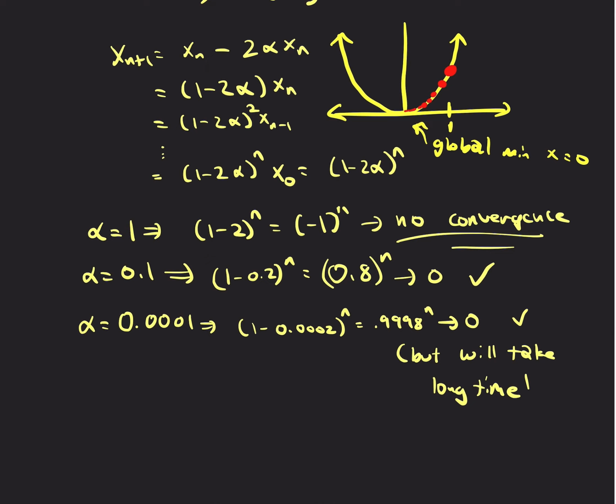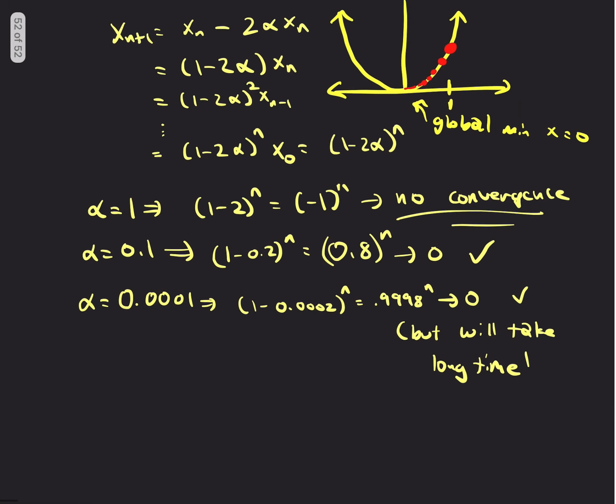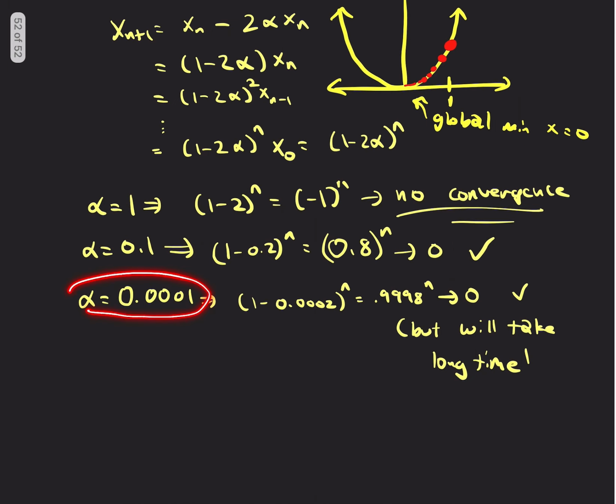Because I'm going to get (1 minus 0.2) to the n, or 0.8 to the n, which goes to 0, obviously. And on the other hand, if I take alpha to be really small, like 0.001, I do get convergence. This ends up being like 0.998 to the n, which goes to 0, but extremely slowly.